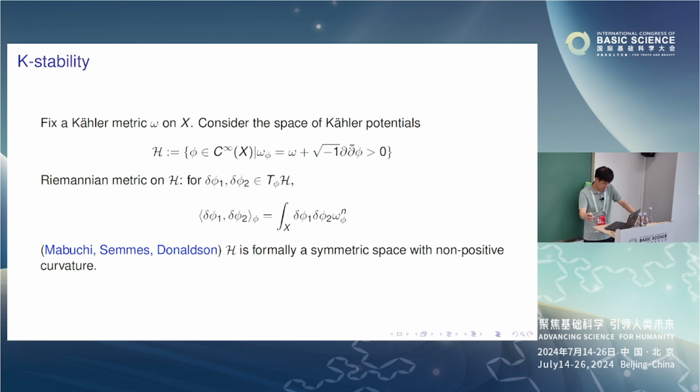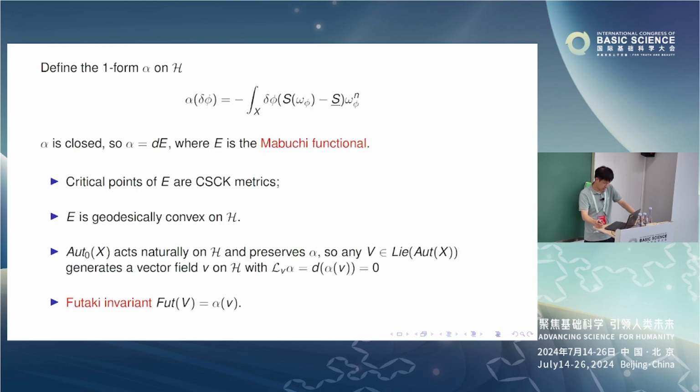So there's a lot of formal picture associated with this. Mabuchi defined a functional so that the constant scalar curvature metric becomes a critical point of this functional. That's the Mabuchi functional. It is defined in terms of its derivative, which is a one form, and the one form is very naive looking.